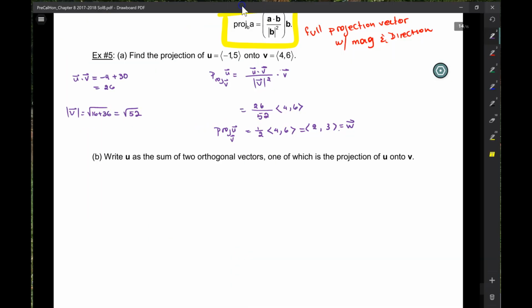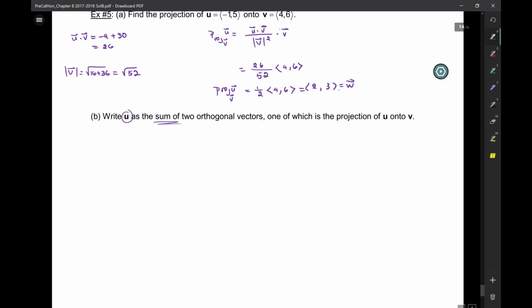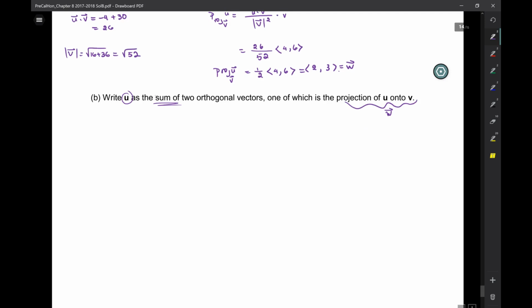Take a look at what we're going to do now. Now it says to write U as a sum of two orthogonal vectors, one of which is the projection of U onto V. We just called that W, right? That's what we just called it. So we want U to be equal to W plus this new vector Z. All right, some other vector, because it says to write U as the sum of two vectors, one of which is W, so W plus another one.